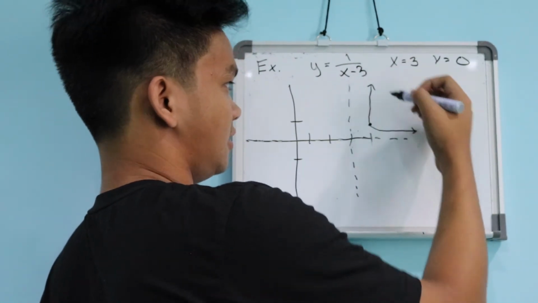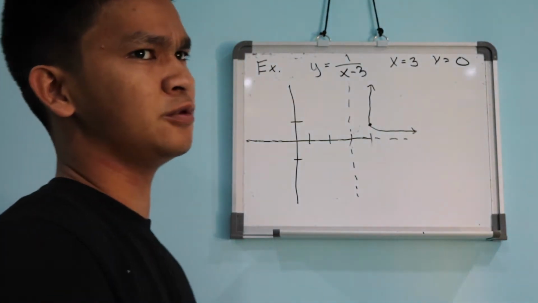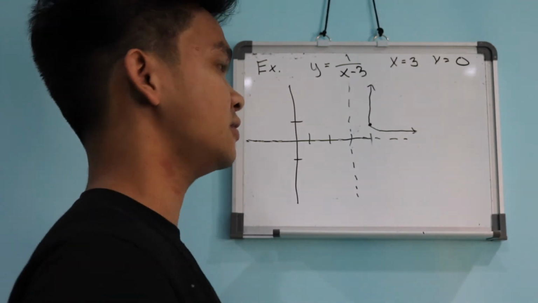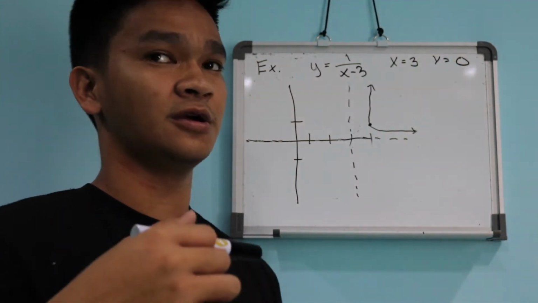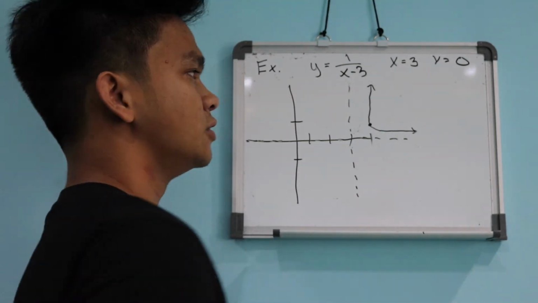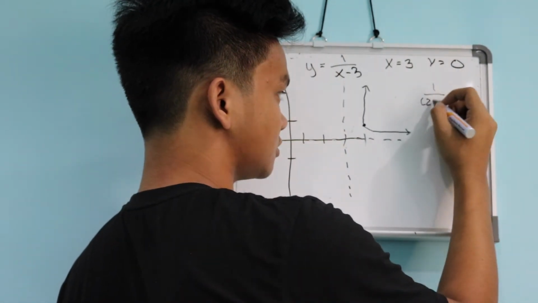Now for the left side, we're going to pick a value that is less than 3. Let's say 2. So we plug in 2.